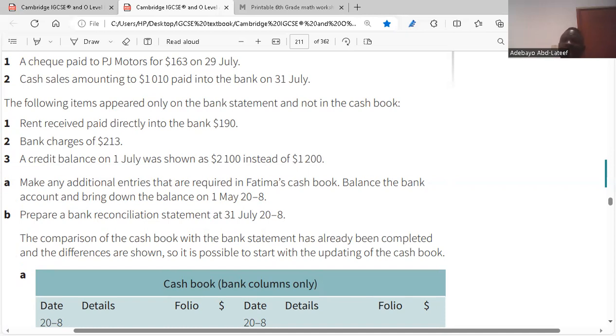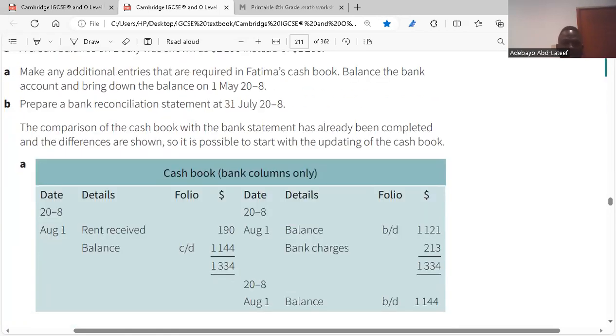That's why you're having a high figure in your bank statement and a lesser figure in your cash book. It would have been based on the fact that the bank has not yet debited you on certain amounts. So that's why the value of your cash book bank column on the debit side is more than the credit side of your bank statement. I think it's clear.